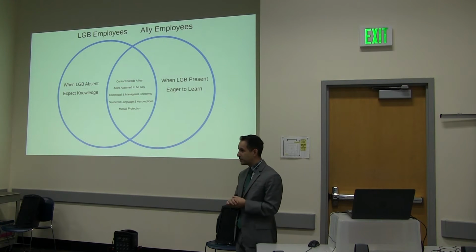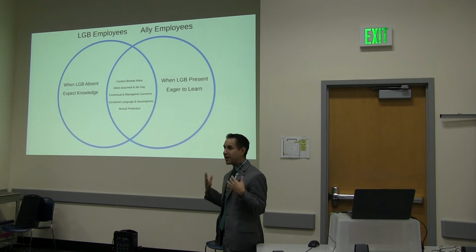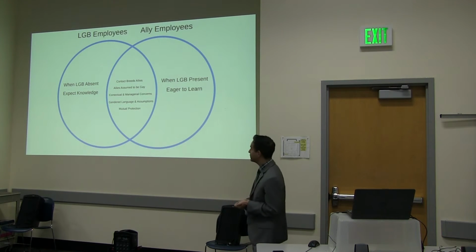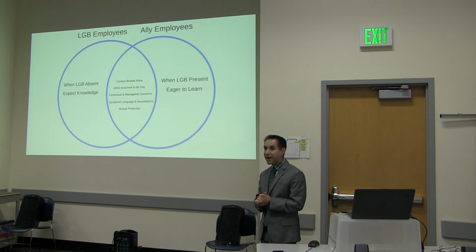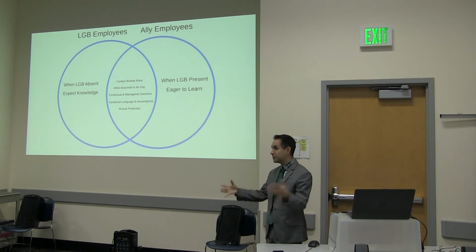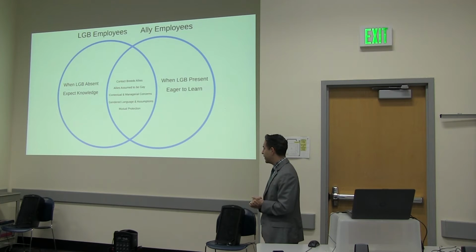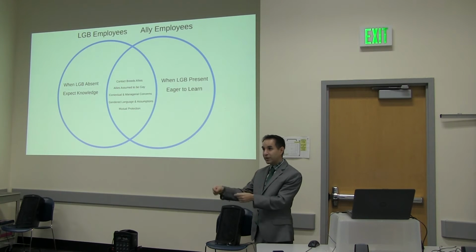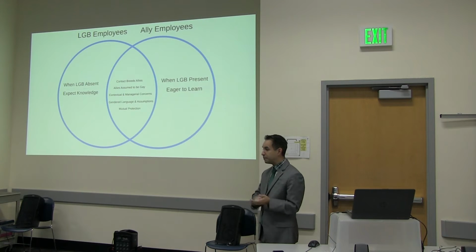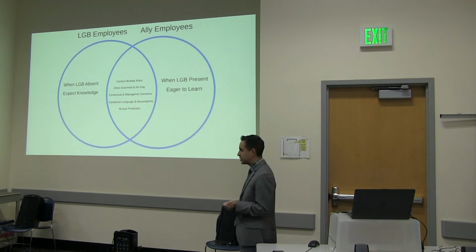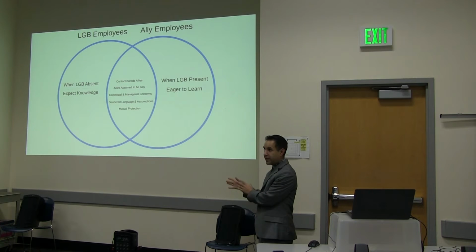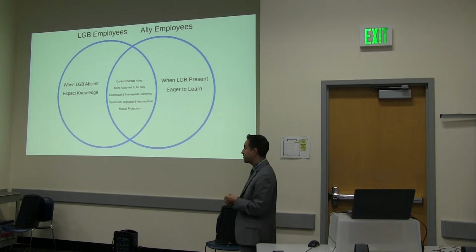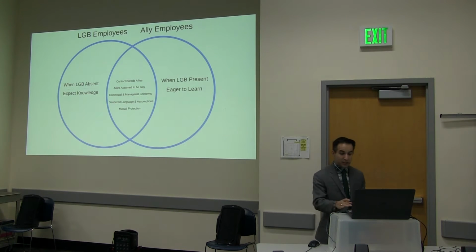Sometimes it was inappropriate things, just to understand the issues a little bit better, and the gay and lesbian employees mostly felt like you should learn that on your own. I'm not the voice of all gay people, and it's not my responsibility to teach you how to be a good ally. The perspective was more like, find somebody else who is a good straight ally and have them teach you, or go on the internet and educate yourself, right? It's not my duty to teach you how to do this.